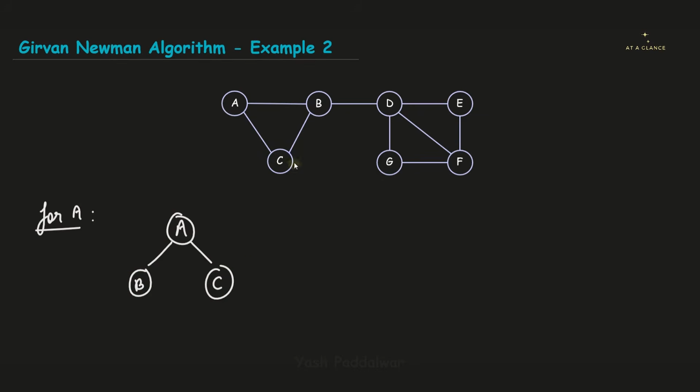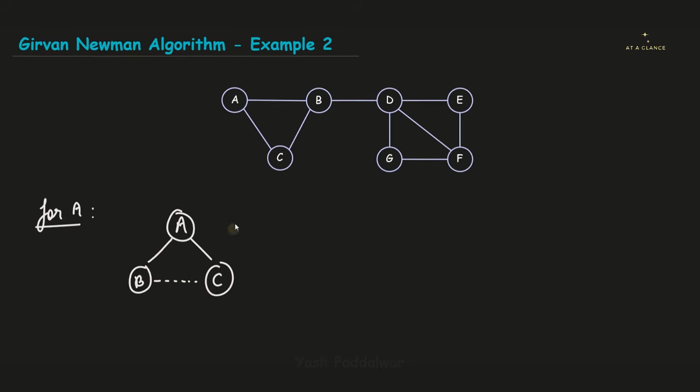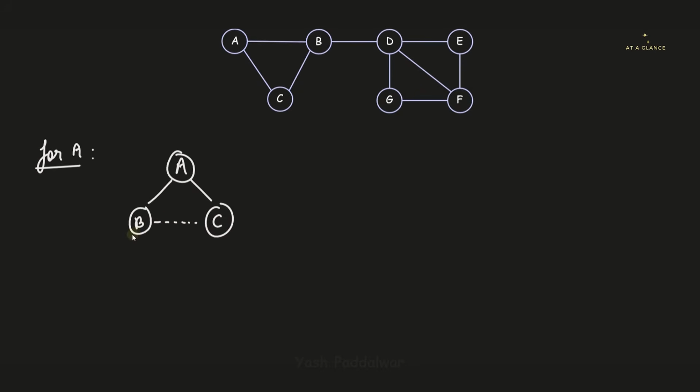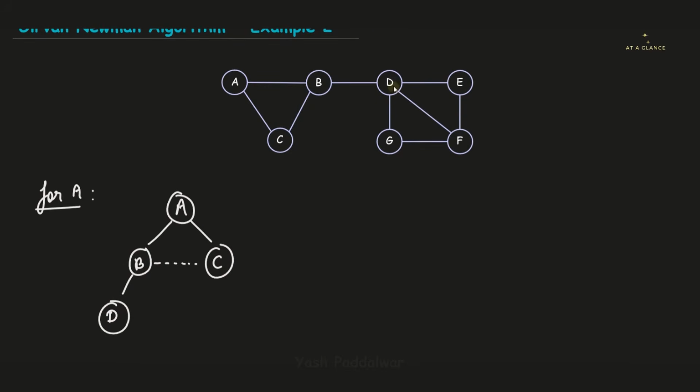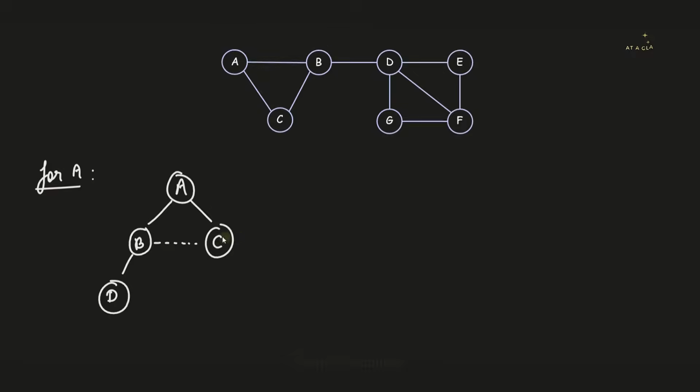Next, you can see that C and B are also connected to each other, but in this particular tree they are at the same level, so we will display it with a dotted line. Now moving forward, you can see that B has a child D. D has three children, E, F and G. So let's write that.